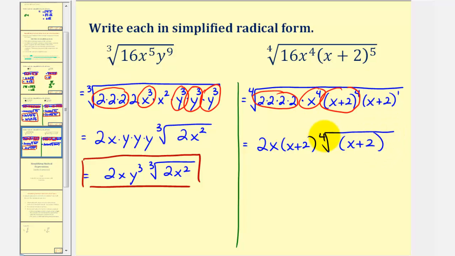And again, we have an even index. This is x to the 1st and the quantity x plus 2 to the 1st. So we do need absolute values around at least the variable parts. Let's go ahead and write this as the absolute value of 2x times the quantity x plus 2, absolute value, 4th root of x plus 2.